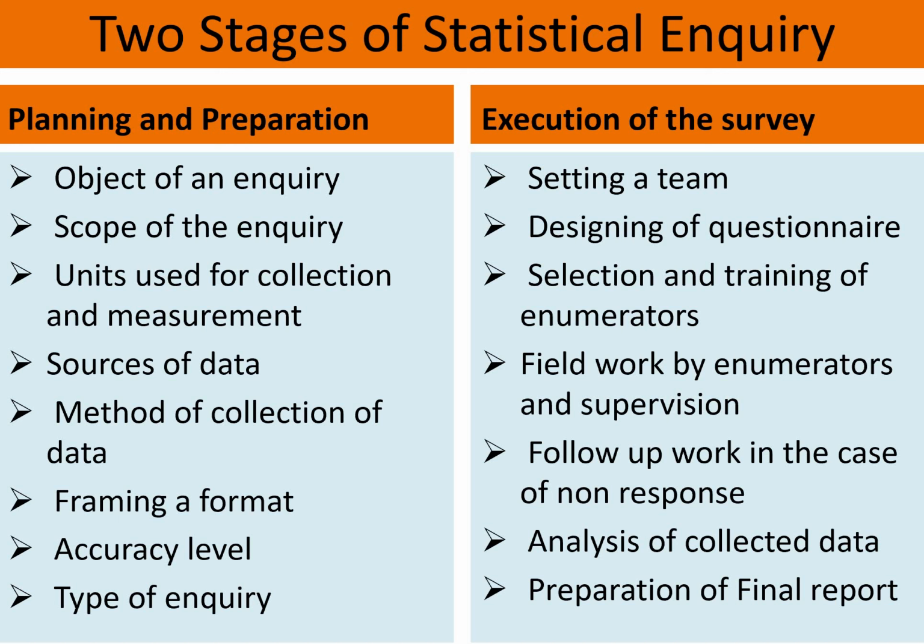In planning and preparation, the first thing you have to decide is the objective of the inquiry, the scope of the inquiry, the units to use for collecting and measuring the data, the sources from which we are collecting the data, methods of collecting the data, framing format, accuracy levels, and types of inquiry. These are the steps involved in the planning and preparation stage.